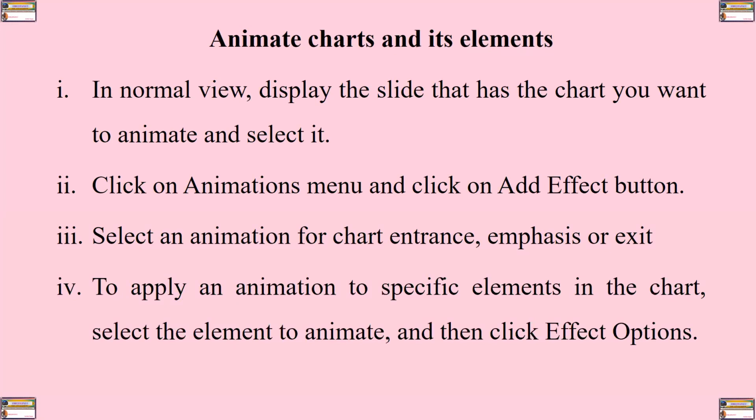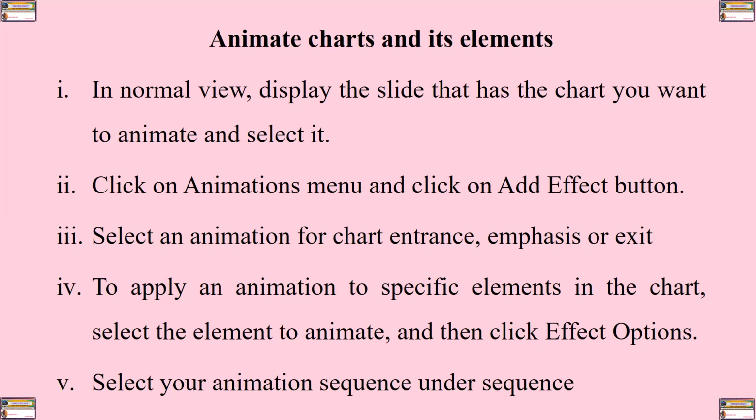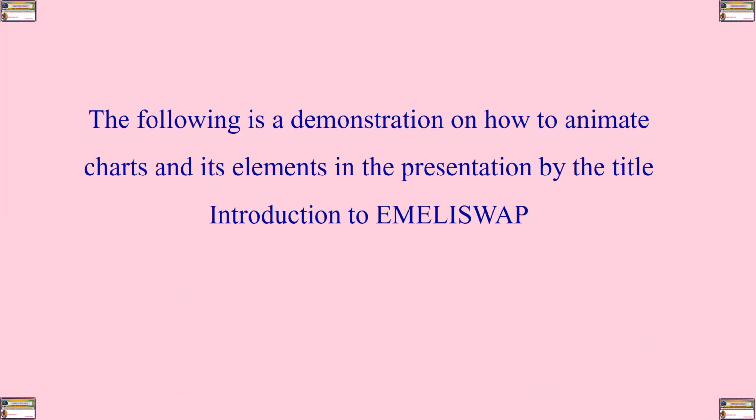To apply an animation to specific elements in the chart, select the elements to animate and then click Effect Options. Select your animation sequence under Sequence. The following is a demonstration on how to animate charts and its elements in the presentation by the title, Introduction to Animate Swap.